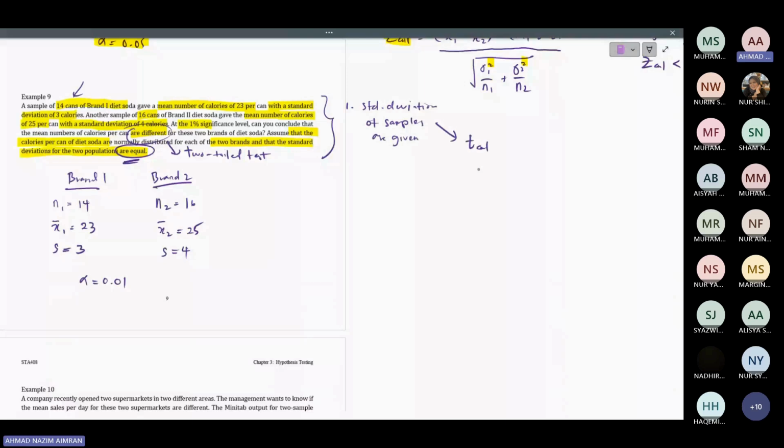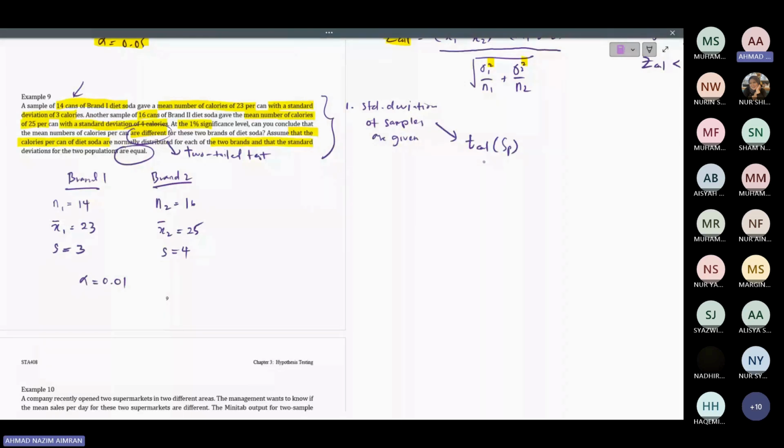And we have two different cases. One is for equal variances and the other one is unequal variances. And from this information, the variances are equal, so you know that you need to use the t calculated that has a pooled standard deviation because the two populations have equal standard deviation.